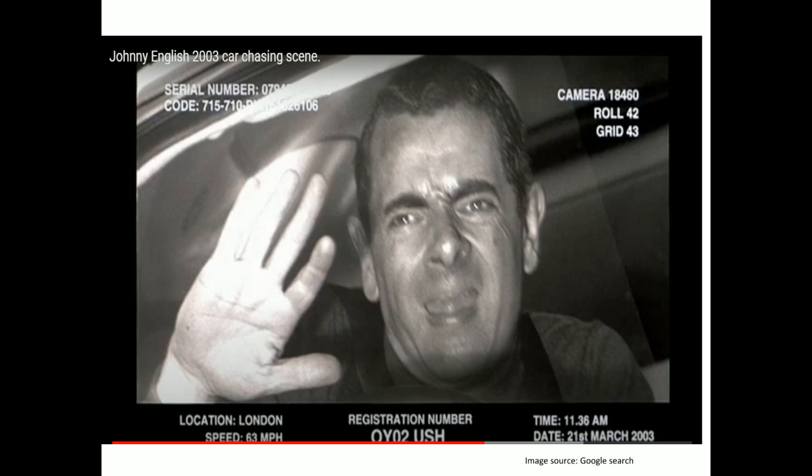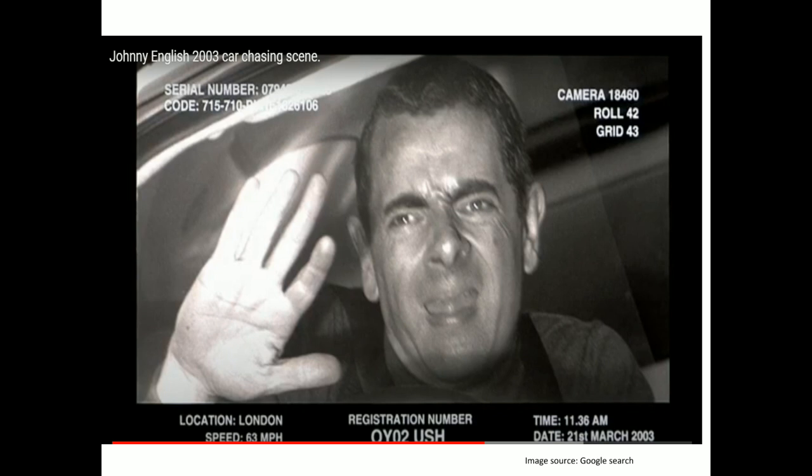This is an image. In this image you can carefully observe the person inside the vehicle. The road monitoring system camera captured this image. This image gives the information of the location and the speed. The location is London, the speed is 63 miles per hour, and it also gives the registration number.